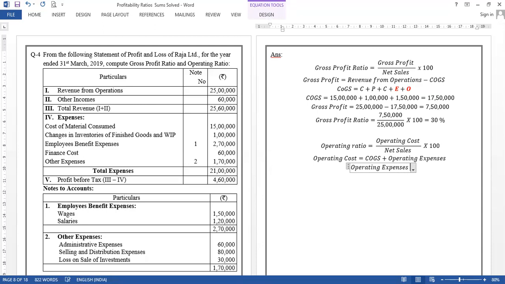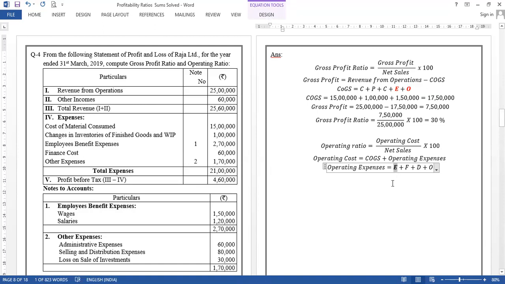Now what are operating expenses? Operating expenses are the expenses left out after the direct expenses. So let me write over there: employee benefit expenses, E plus F plus D plus O, right? EFDO is my operating expenses. Again, I need to take care of this E, that is employee benefit expenses.